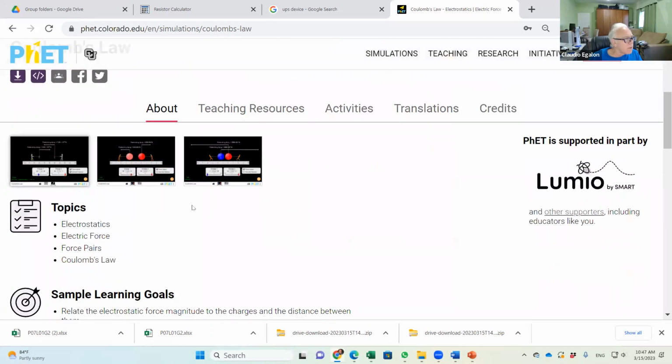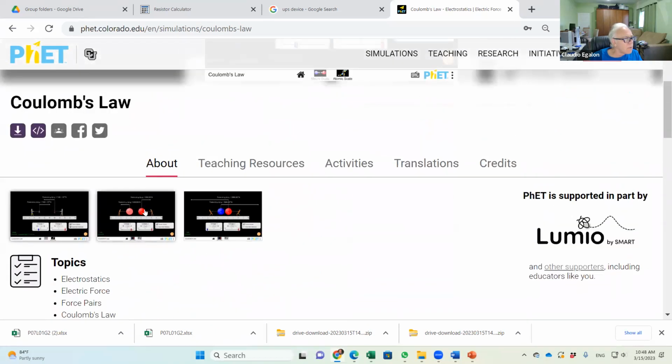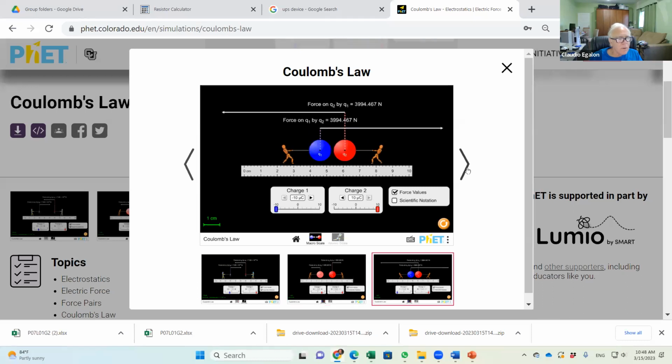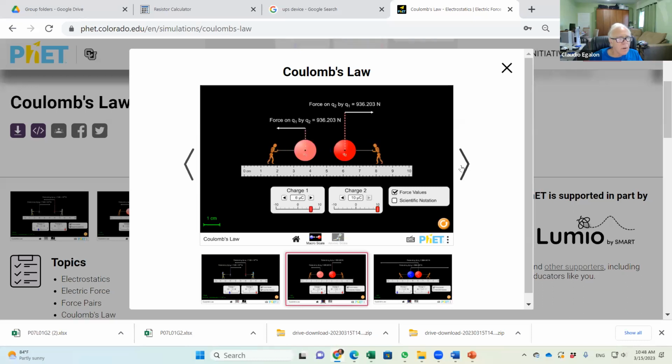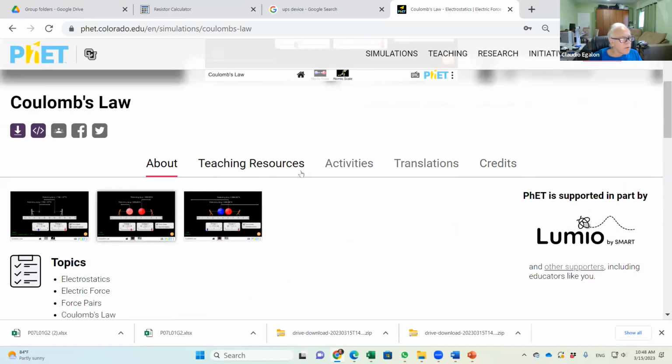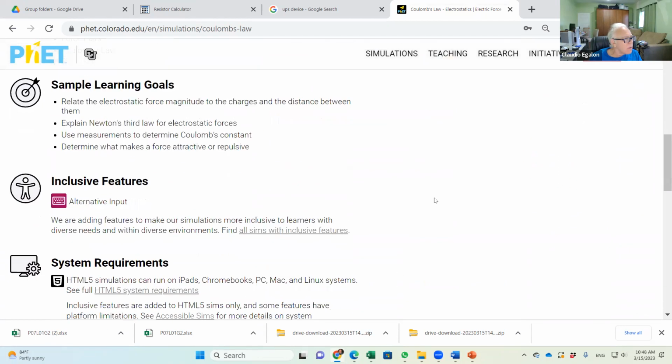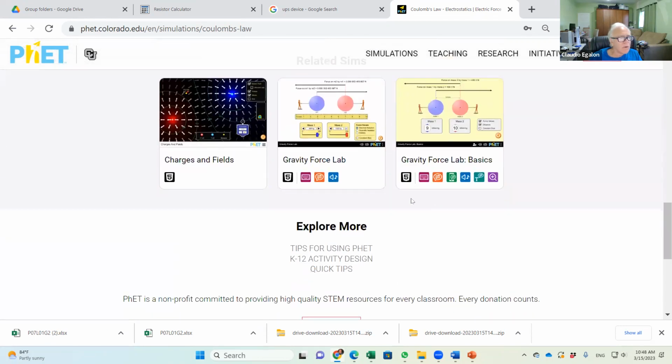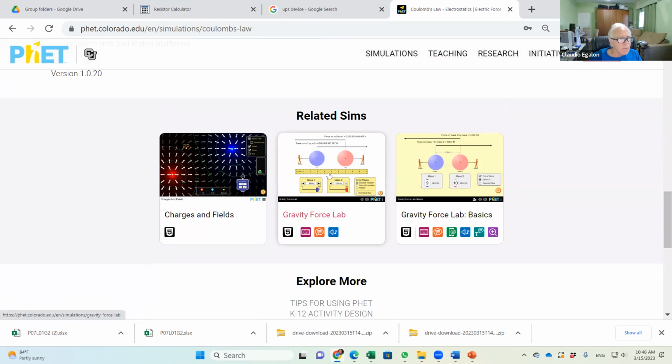We cannot run that. Let's see, simple learning goals. Let's try this. For some reason I cannot run this teaching resource activity, translation credits. Learning goals, charges and fields. Must be this one. No. Charges, let's see this one.